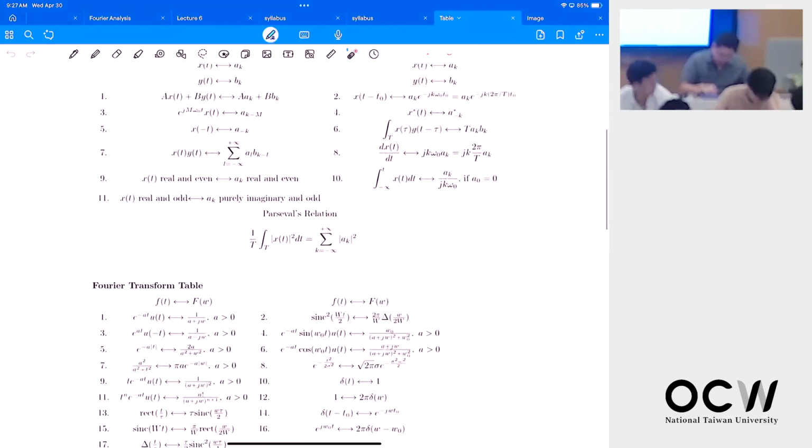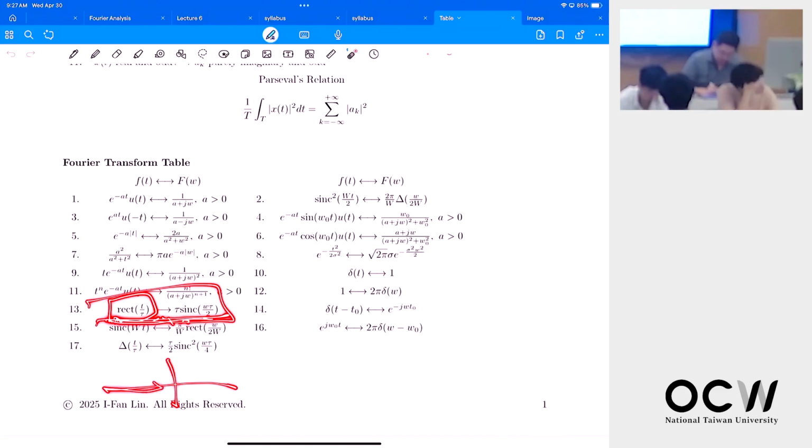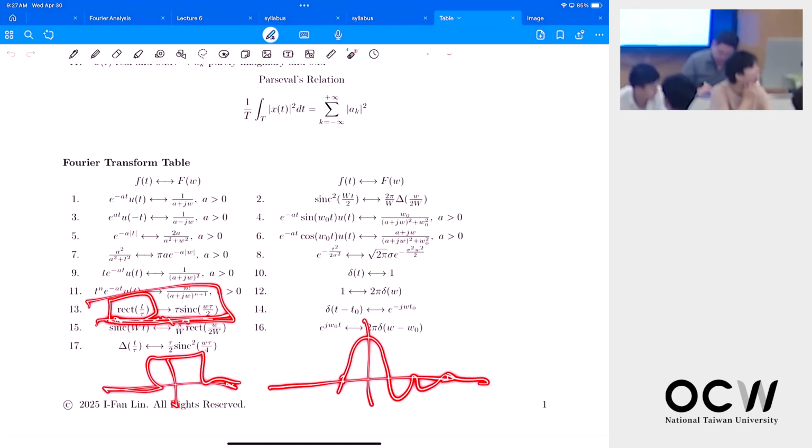We know that for a pulse function, the Fourier transform is a sinc function. A pulse function is this one, and then I will get a sinc in the frequency domain.